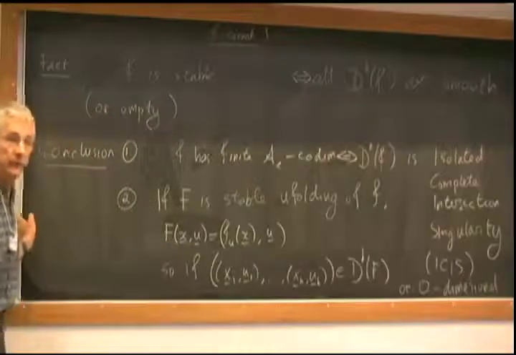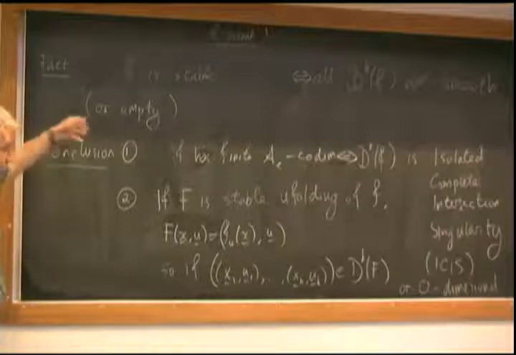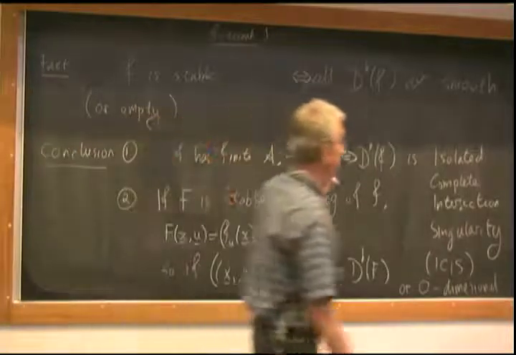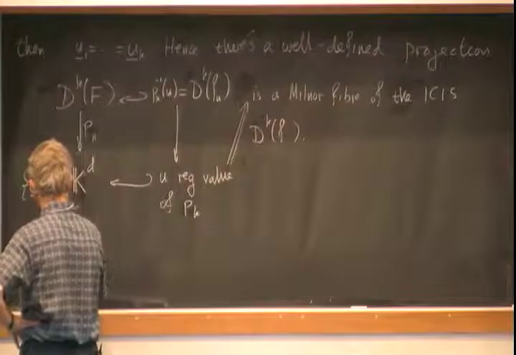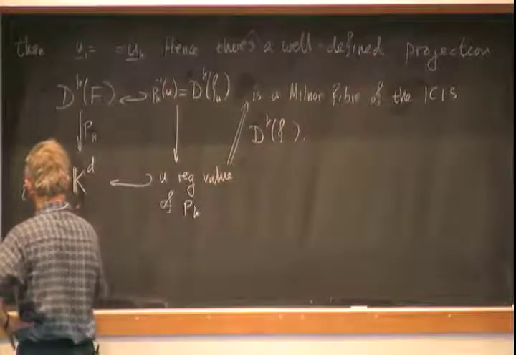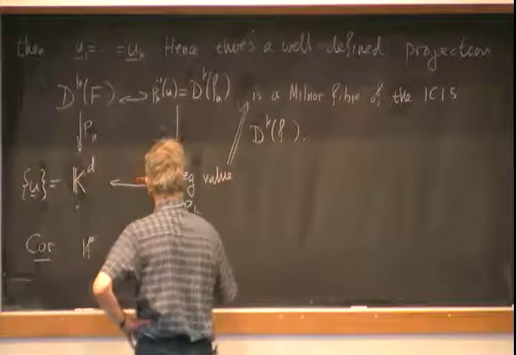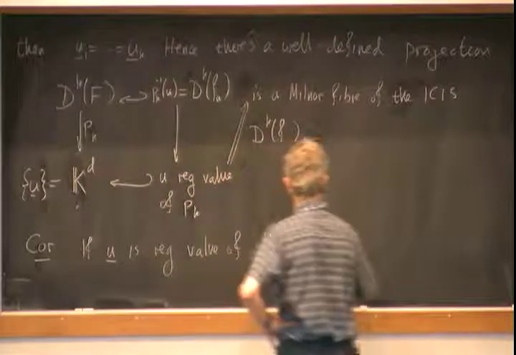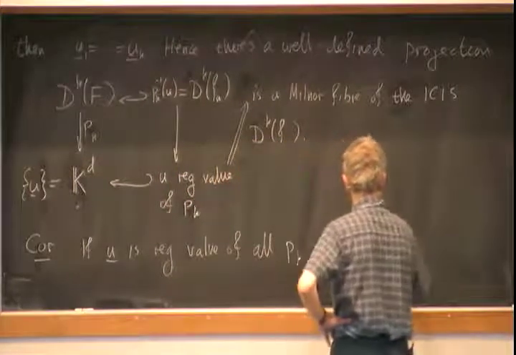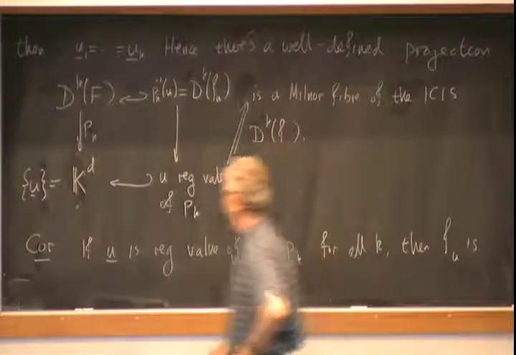That's really what we saw in the picture that's hidden behind this blackboard. Okay, so incidentally, and a little corollary of this, if u is a regular value of all the p_k for all k, then f_u is stable.